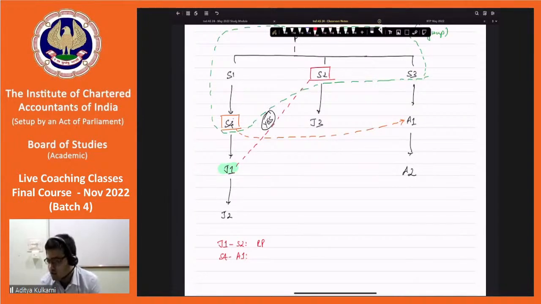That is just the relationship of S2 and J1. So we cannot say that S2 and J1 have a name, but yes, they are related parties. Don't search for the name.